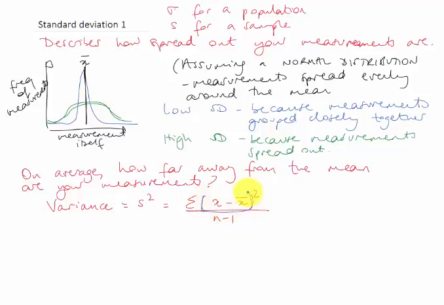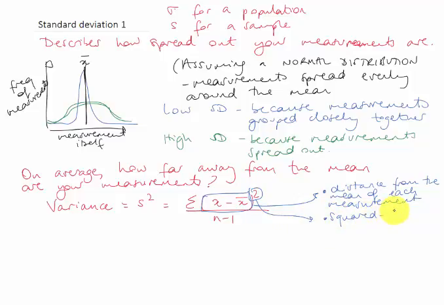So first of all, this part is telling us the distance from the mean of each measurement. And then we square it so that all the measurements are positive.